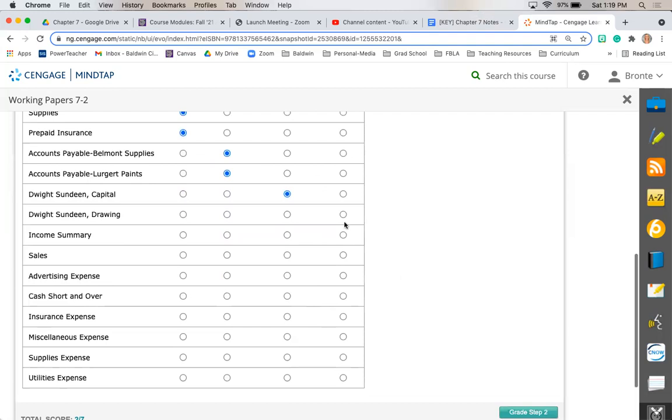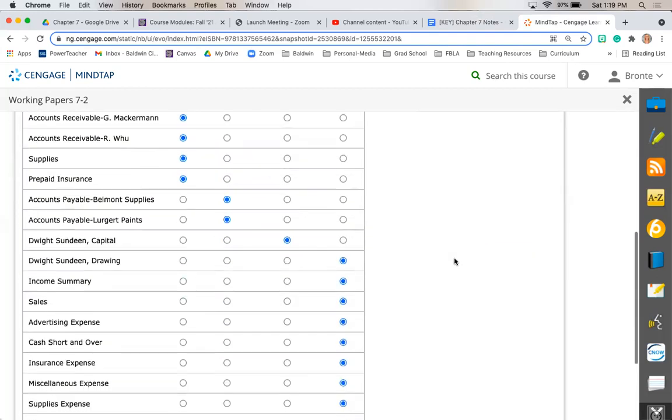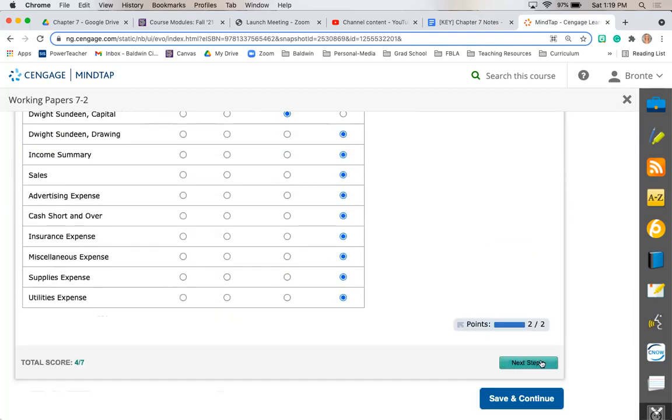Everything below capital is going to be neither, because we have already either listed it on our income statement, or we're going to close it into owner's equity anyway, which is our capital.